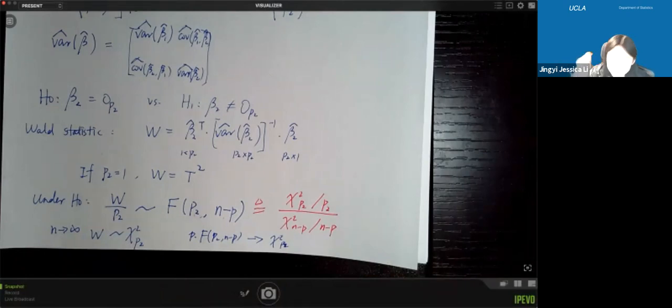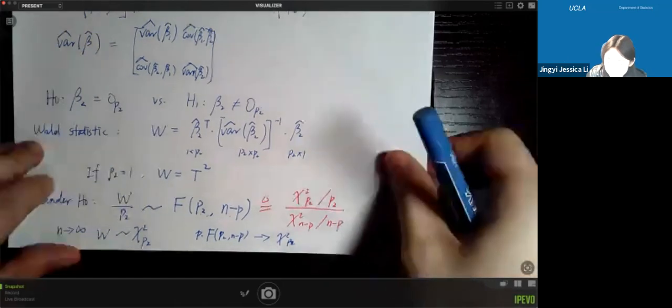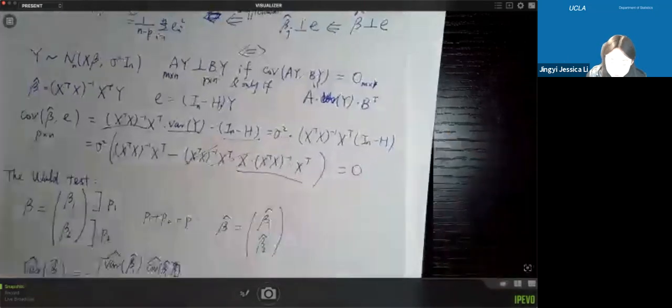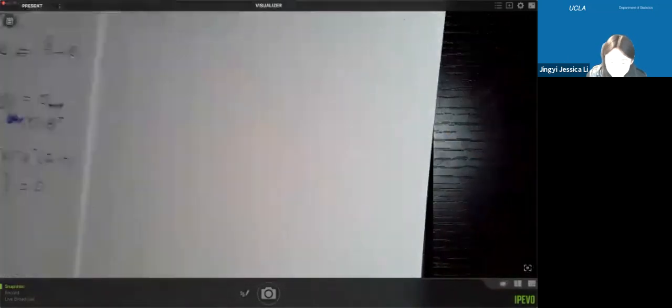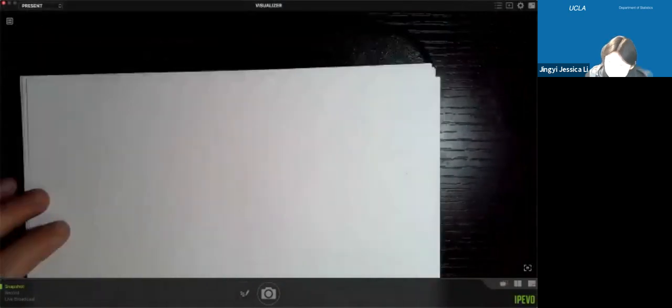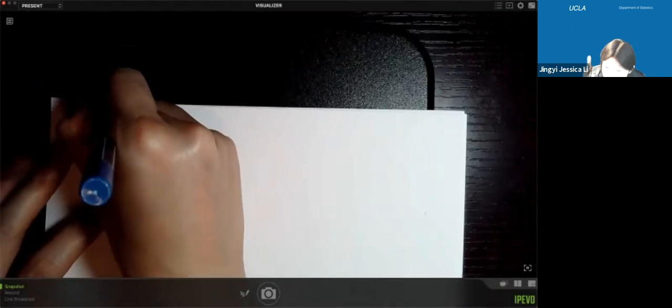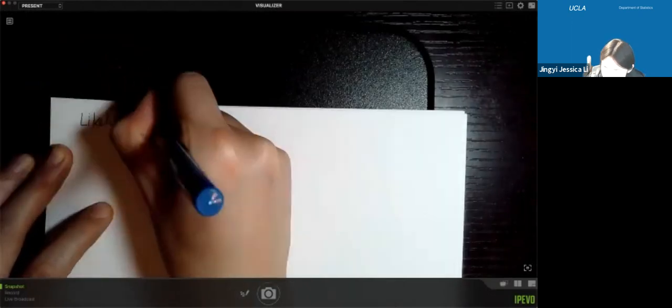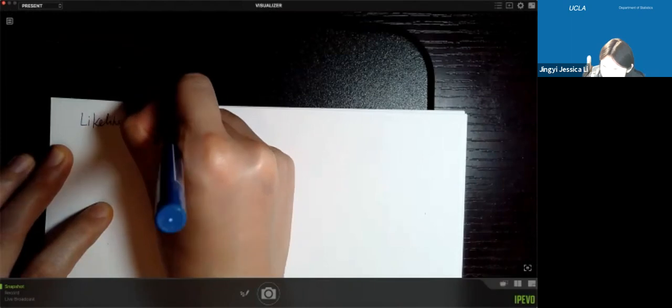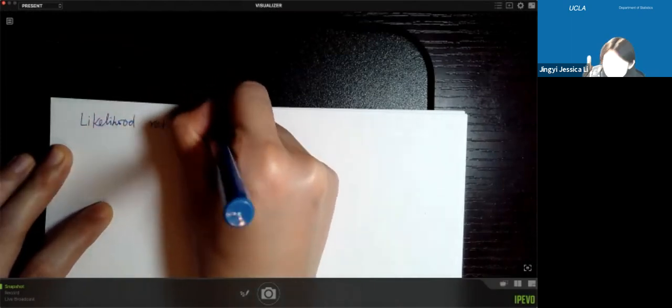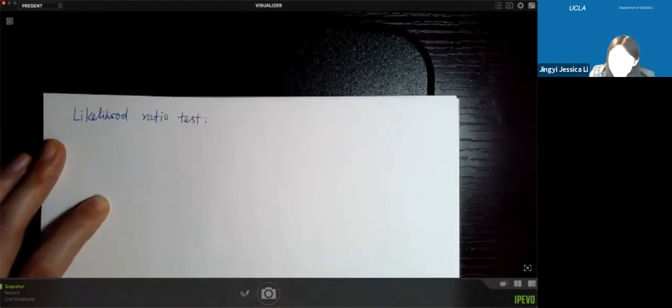Okay, so that's the Wald test. It allows you to test whether a subvector of beta is 0. Furthermore, another thing we often use in practice is what we call the likelihood ratio test. You can think of the likelihood ratio test as a more general test. It's not specific to the linear model, while the Wald test we just gave you is for the linear model.